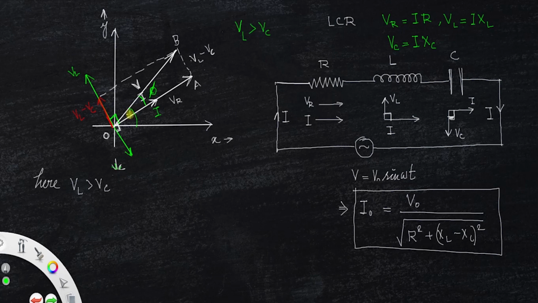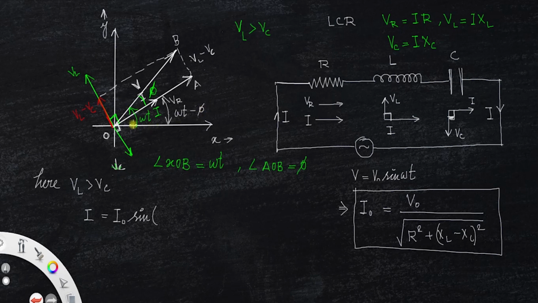Angle XOB is equal to omega t, and we know angle AOB is equal to phi. This is phi and this value is omega t. Clearly you can write I is equal to the peak value of current I0 sine, see, this angle will be omega t minus phi. Clear?